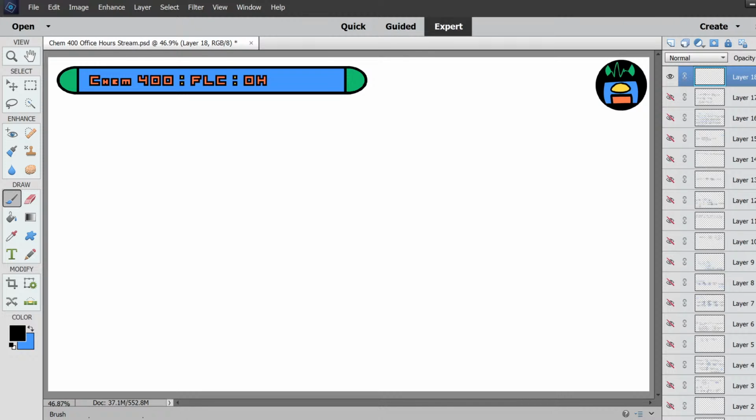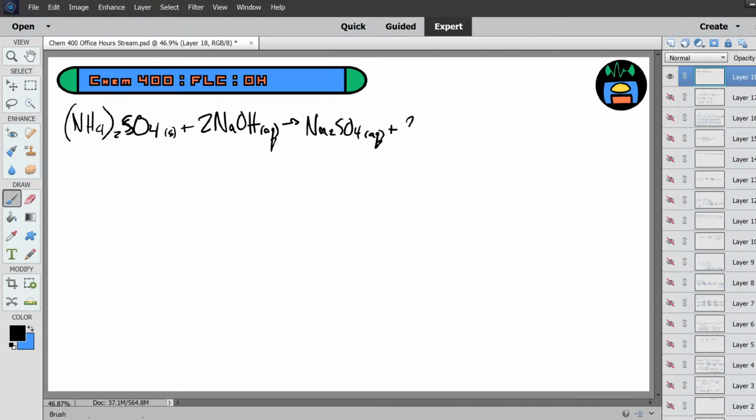So our balanced chemical equation has ammonium sulfate reacting with sodium hydroxide, producing sodium sulfate, liquid water, and ammonia.